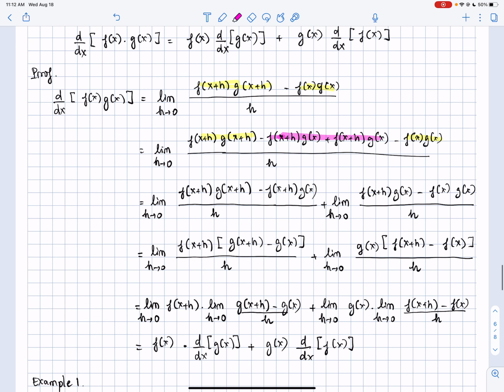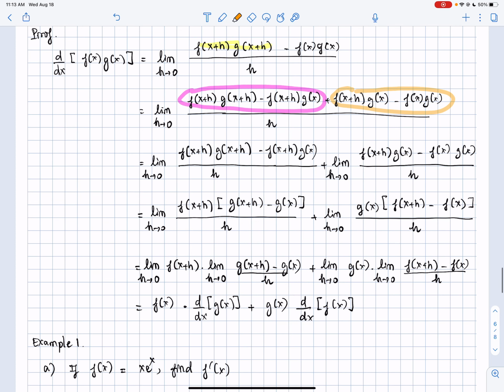After that, we group the first two together and the last two together. We have a plus in between, so the limit of the sum is the sum of the limits. Then we recognize that f of x plus h is the common factor, so we factor this out.